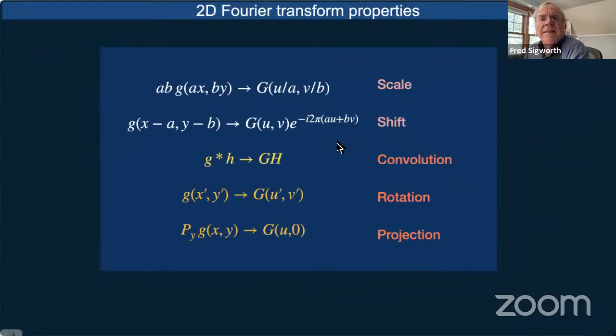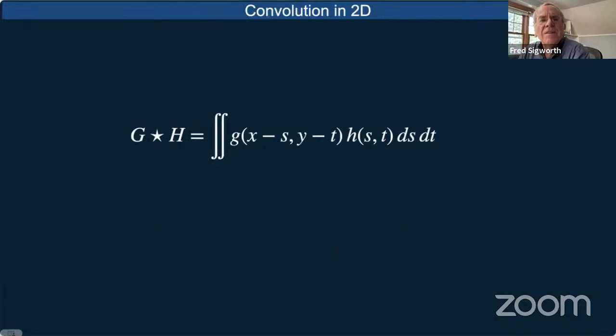And it has the same kind of properties, but there again, I'm sparing you most of the Fourier transform lecture because there are only a few properties that we really care about. One is convolution, again, another is rotation, and another is projection. So let me talk about these three properties of the 2D Fourier transform.